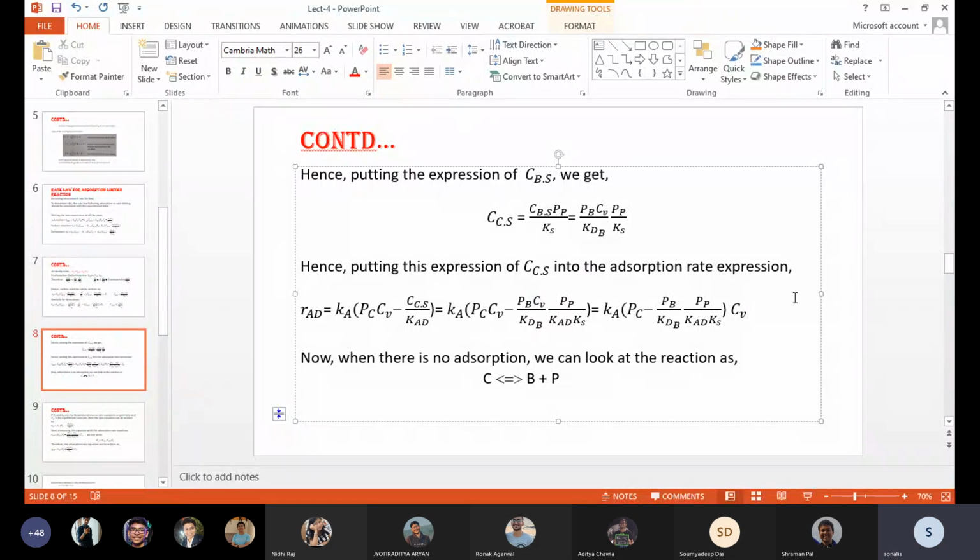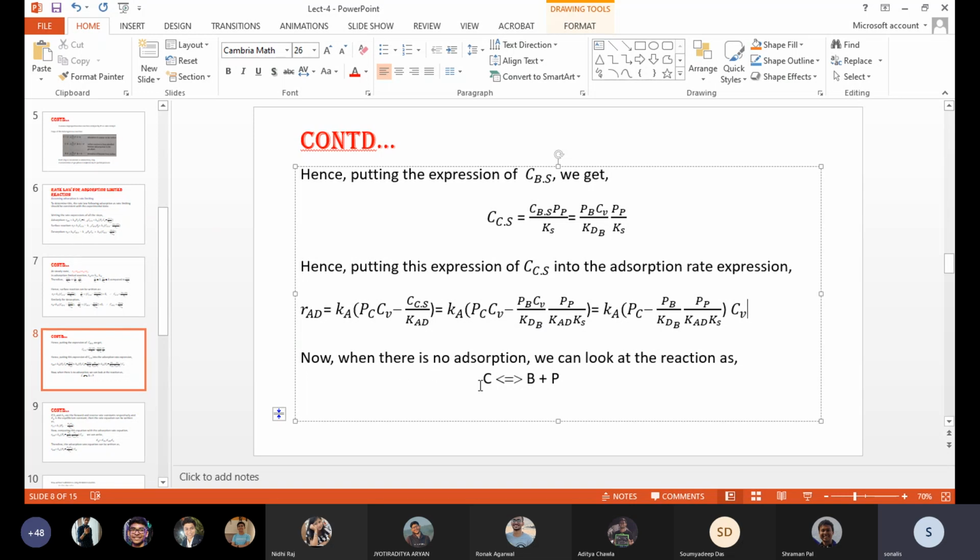So we are taking out Cv, we are getting the ultimate expression. Now in the denominator, you see there are 3 equilibrium constants. So we can replace this as a whole as a single constant. How can we write that?